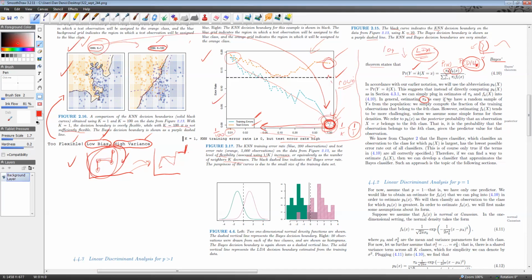However, if you have a random sample from the population, we can compute the fraction of the training observations that belong to the kth class.